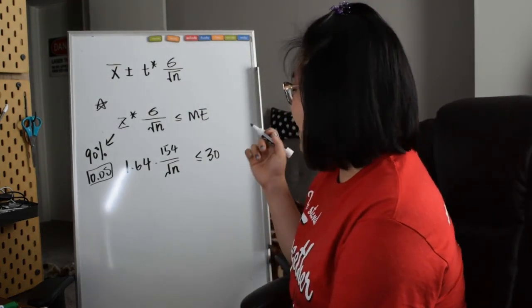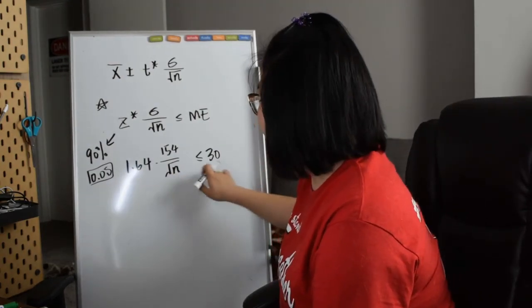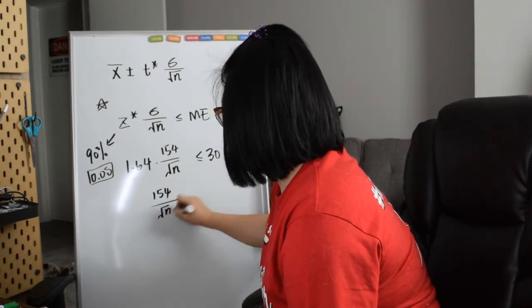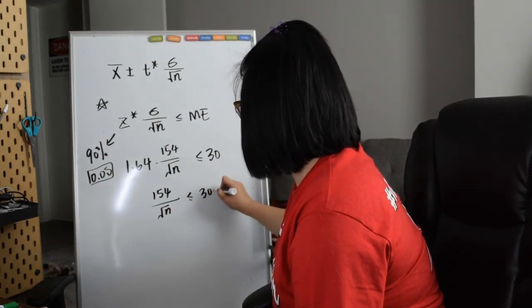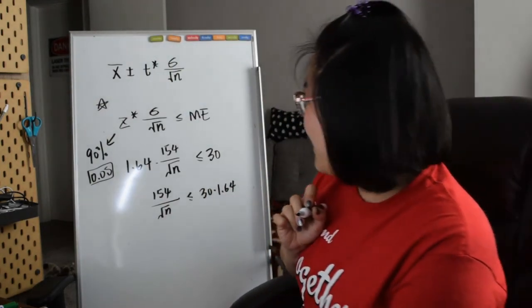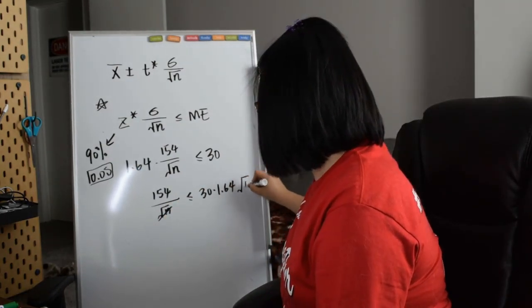So let's solve it. Again, the first step, we're gonna divide each side by 1.64. I have 154 over the square root of n less than or equal to 30 times 1.64. Okay, and we're gonna multiply by radical n on each side. So this part is gone. Radical n.